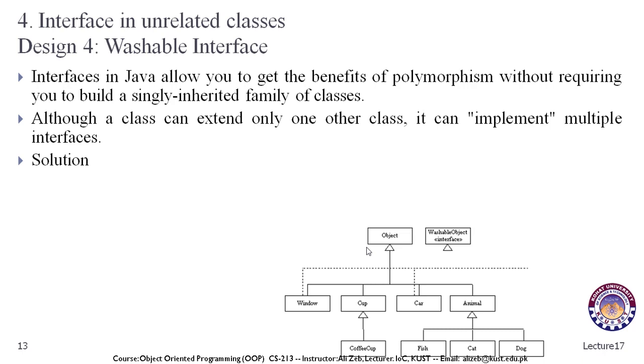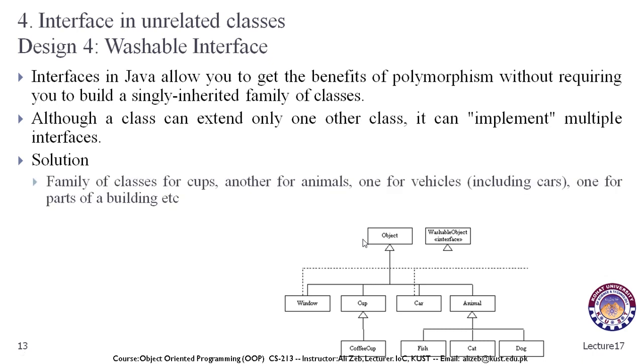A possible solution can be that we have the Object class, which is a superclass of any class in Java, and we have a washable object interface. Now this interface can be implemented by all of these classes, and as you can see, we do not need to have a combined superclass, although the Object class is a superclass for all of our classes implicitly.